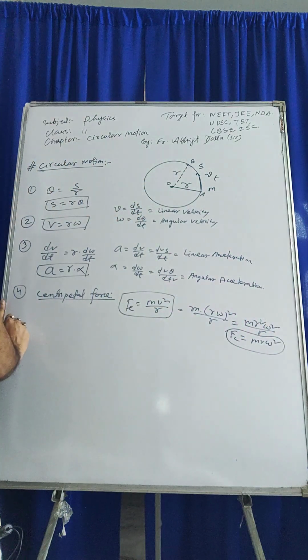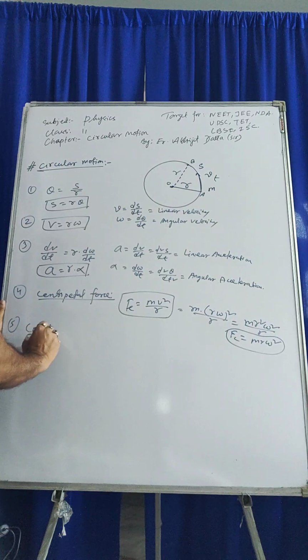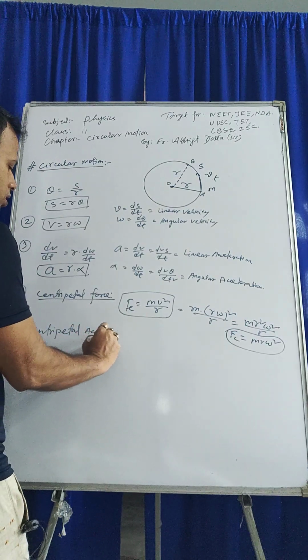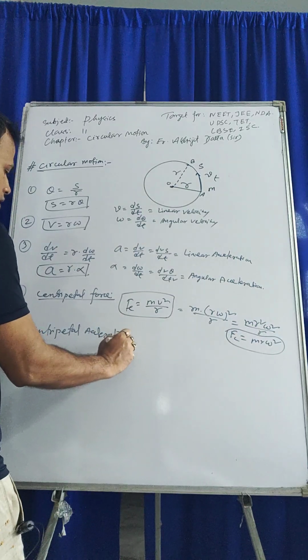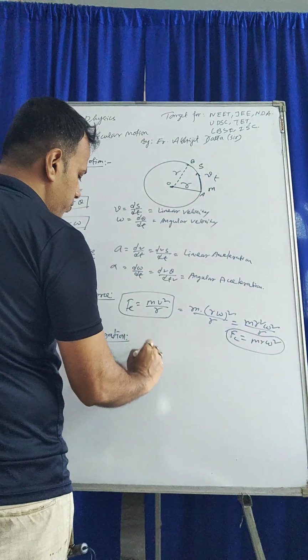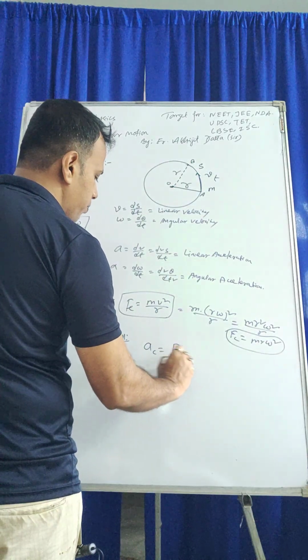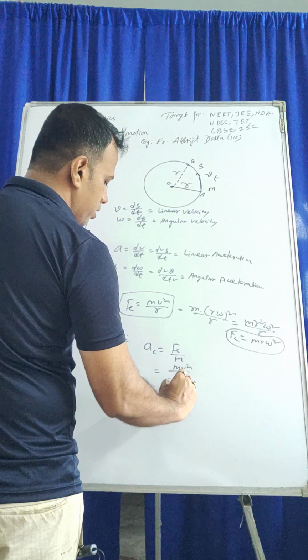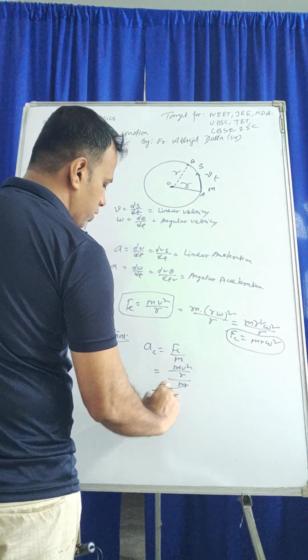Okay, another is centripetal acceleration. Centripetal acceleration ac is equal to Fc by m, is not it? So it will be m v square by r by m. So m will be cancelled, so v square by r.